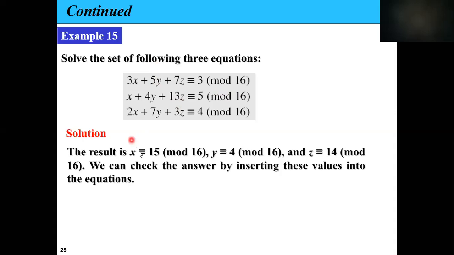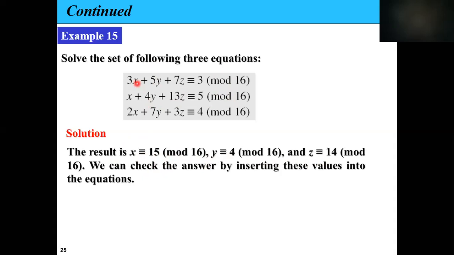The result is x is congruent to 1 mod 16, y is congruent to 4 mod 16, and z is congruent to 14 mod 16. We can check the answer by inserting these into the equations, and we can say these are the solution of this system of congruent equations.